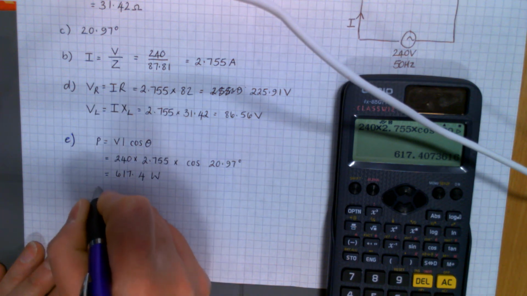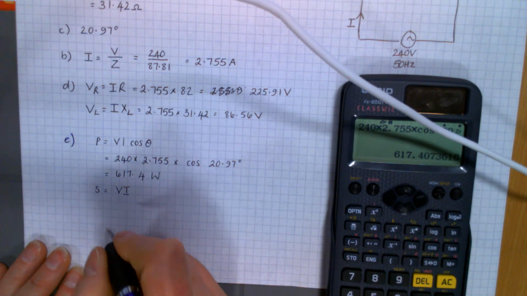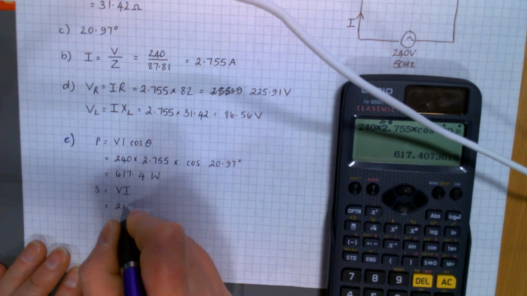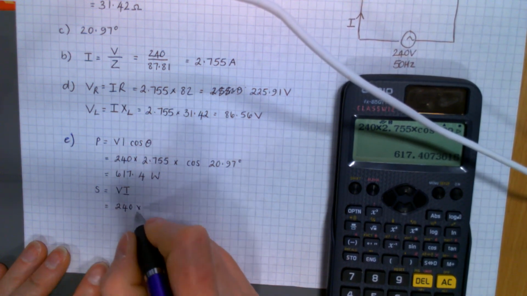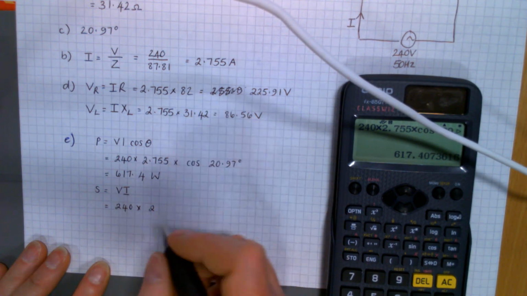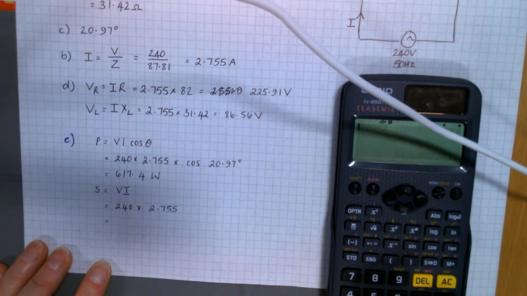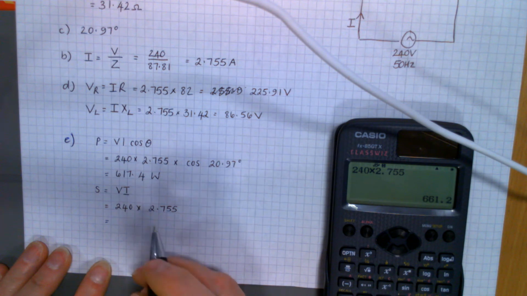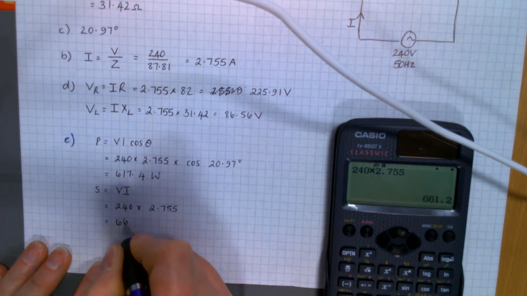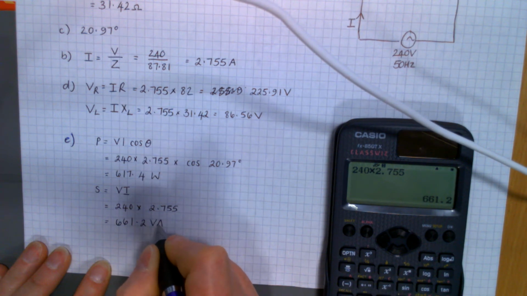The next one I asked you for on the list is the apparent power. Apparent power's got the symbol S. And it's just S equals V times I. So 240 again, times your current, which is 2.755. That's 661.2, and that's volt-amps.